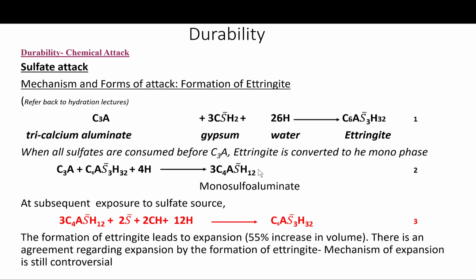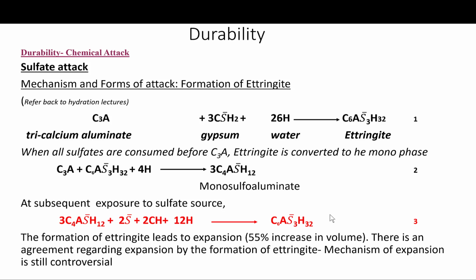Subsequently, due to the presence of calcium hydroxide in the hydrated cement paste, when a cement paste comes in contact with sulfate ions, typically from an external source, the monosulfate is converted to the high sulfate form, which is the ettringite, according to this equation. So this is the reformation of ettringite.